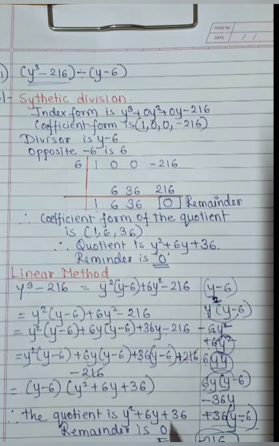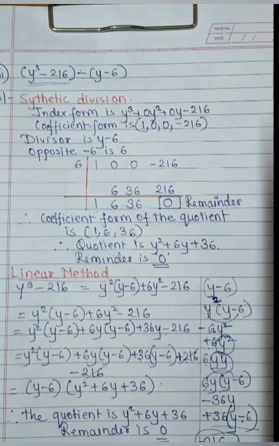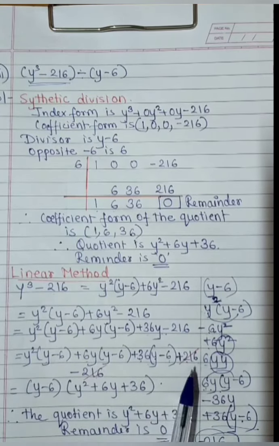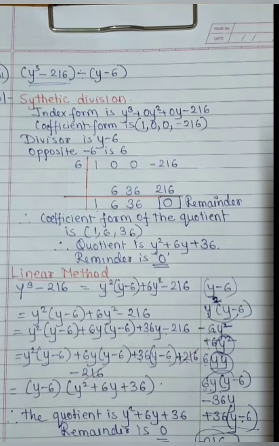I have directly written 0 here, as you can see that we already cancelled both and we got 0 here. I hope you understood question number 1, 2, 3 of synthetic division and linear method.